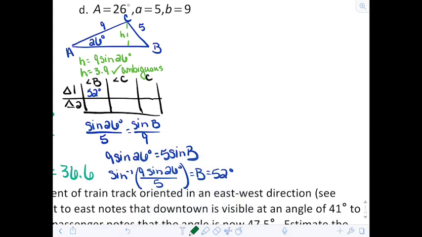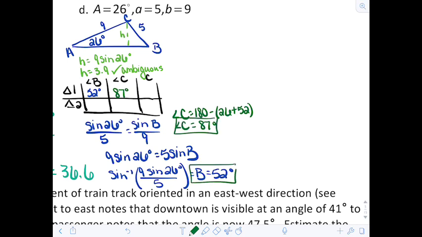Okay, then we're going to find angle C here with some simple geometry. 180 degrees minus the 26 plus 52 is going to give me an angle C of 87 degrees. So we have angle B at 52, angle C at 87, and now we're going to go for side C. So I'm going to do the sine of 87 degrees over C, and then I'm going to also still use the sine of 26 over 5.